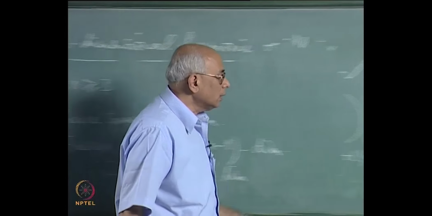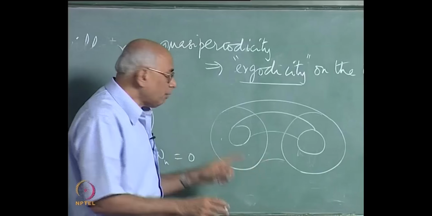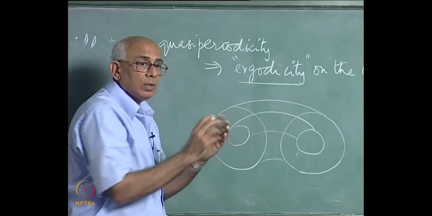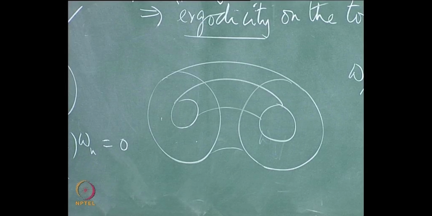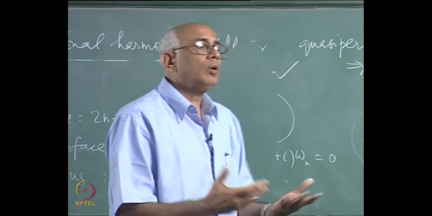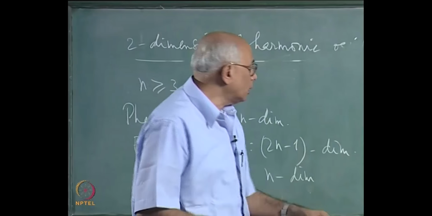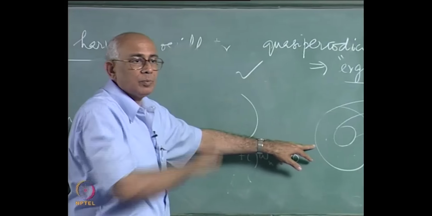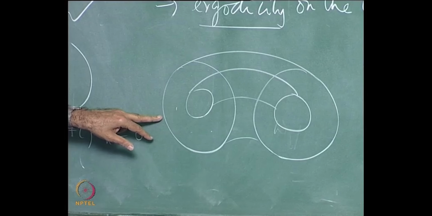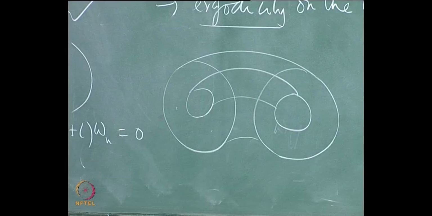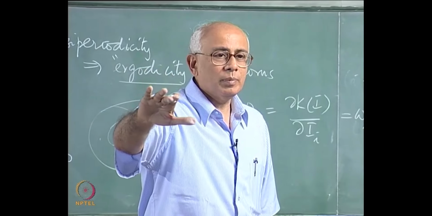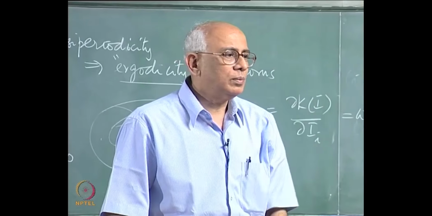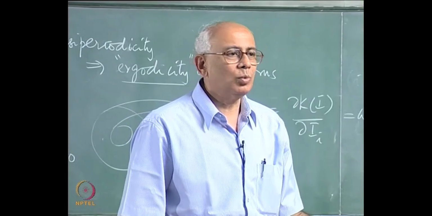Or to put it another way, in 3 dimensional space, if I have a 2 dimensional surface of this kind, a torus, there is an inside and an outside. It splits up this whole space into an inside and an outside. That is not possible if the difference between the dimensionality of the object you are considering and the dimensionality of the space is greater than 1. Is this clear? If I take 3 dimensional space and I draw an infinite plane in it, that is a 2 dimensional object, there is an up and a down, it splits this space into 2 parts.